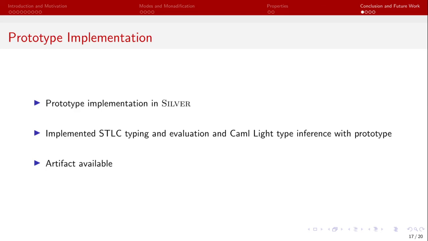So for CamelLite type inference, the type attribute is implicit because not every expression is typable. And this type attribute flows into the typing context and into the typing substitution. So these attributes need to be implicit as well.